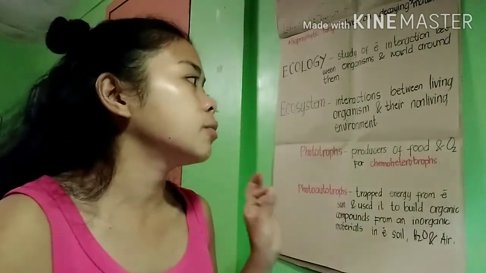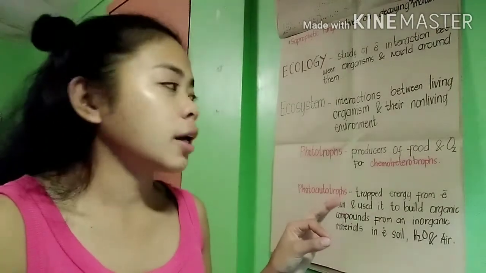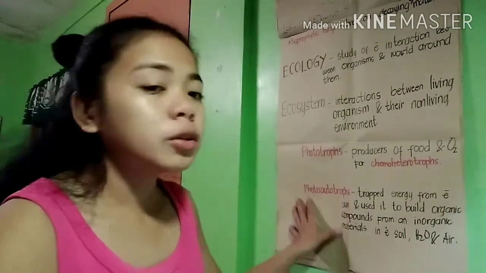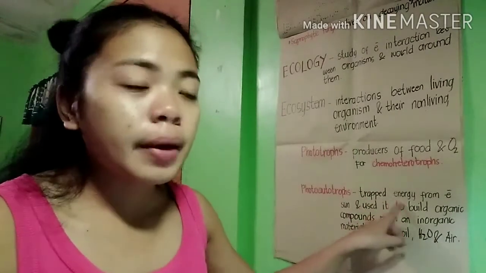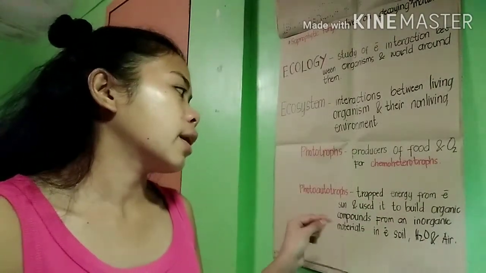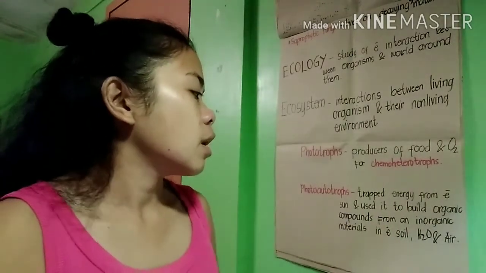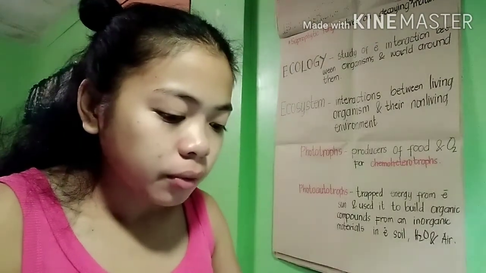The photoautotrophs trap energy from the sun and use it to build organic compounds from inorganic materials in the soil, water, and air.